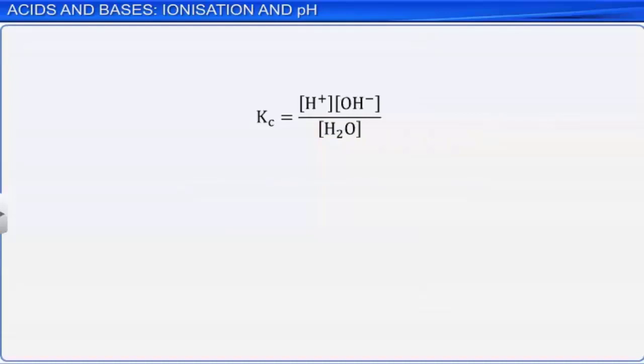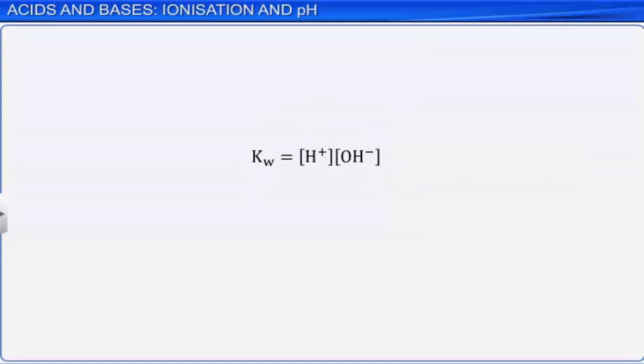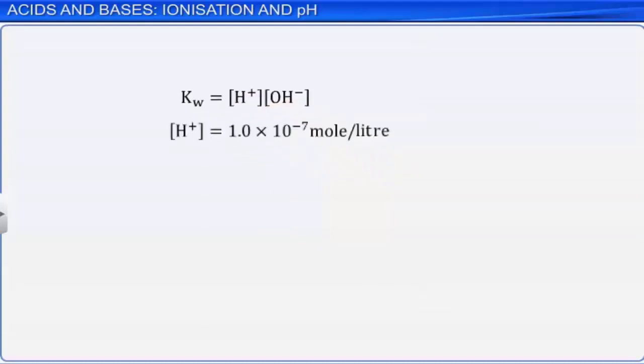Thus, the concentration of H2O can be incorporated in the value of Kc to give a new constant, Kw, called the ionic product of water. The ionic product of water, Kw, at a given temperature, is defined as the product of the concentrations of the H plus and OH minus ions in water or in aqueous solutions.